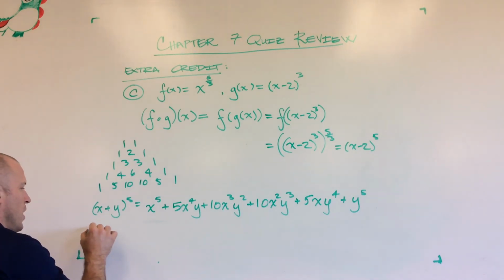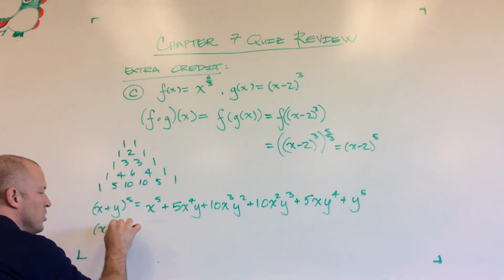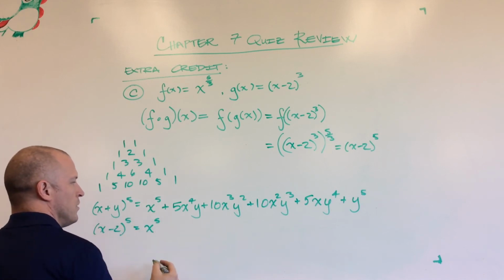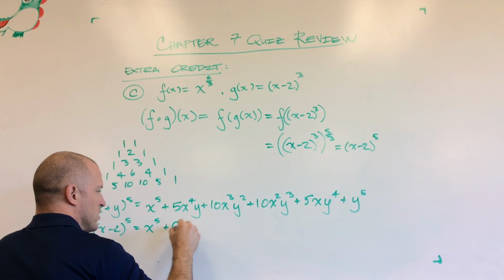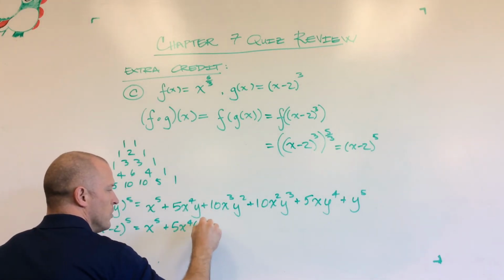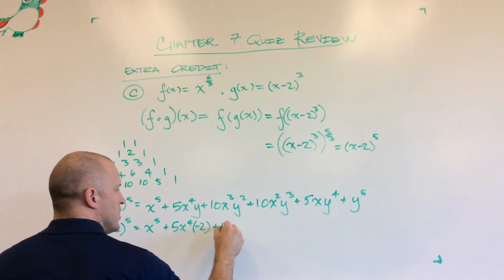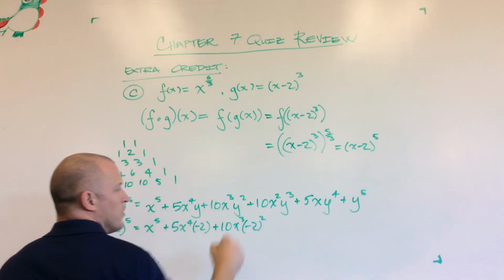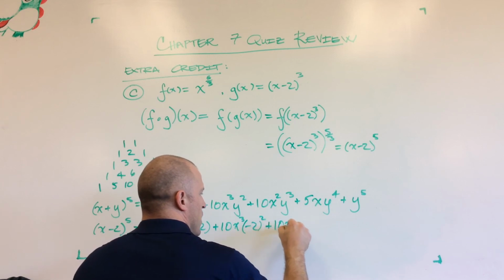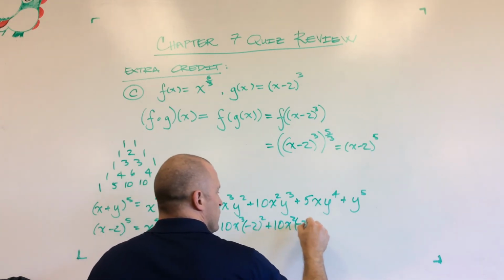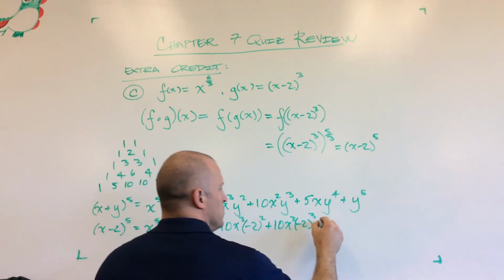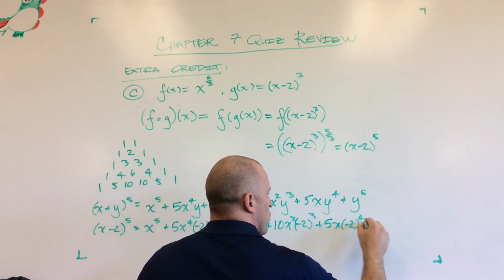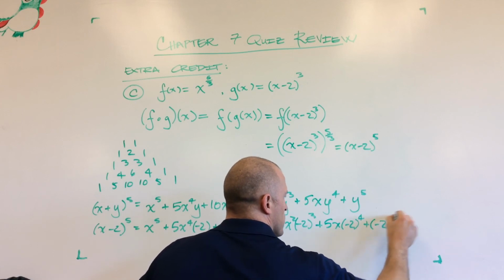So x minus 2 to the 5th is going to be x to the 5th plus 5x to the 4th times -2, plus 10x cubed times -2 squared for y squared, plus 10x squared times -2 cubed for y cubed, plus 5x times -2 to the 4th, plus -2 to the 5th.